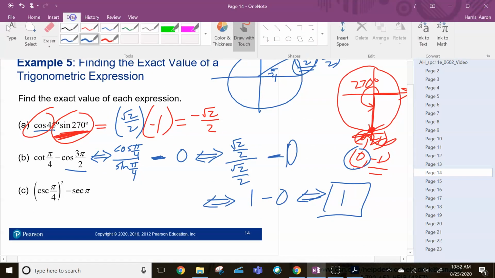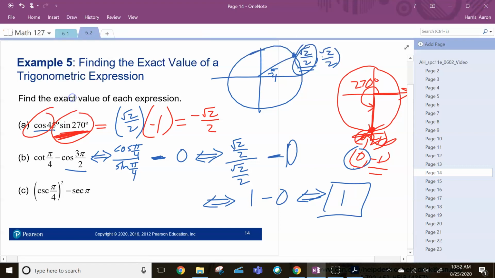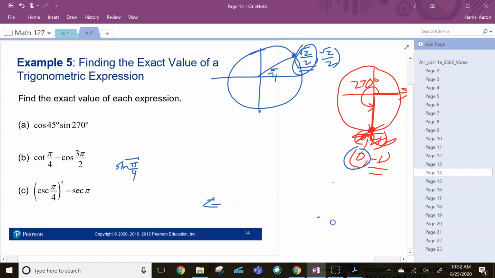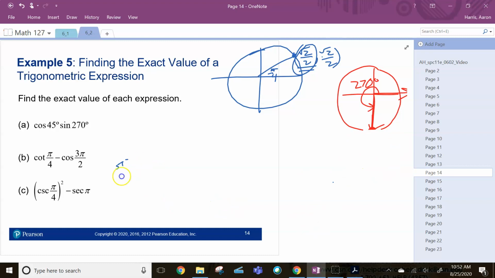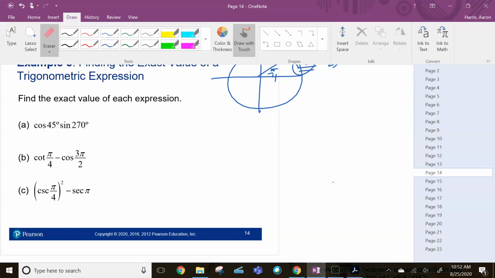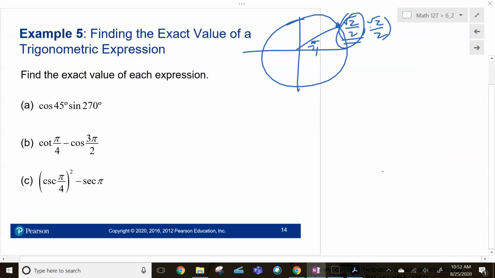Cosecant, let me clean this up a little bit. All right, cosecant pi fourths.